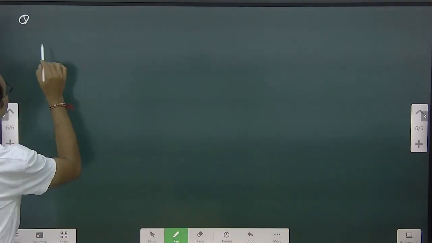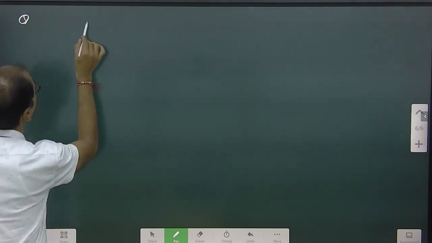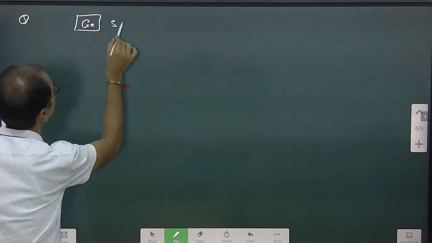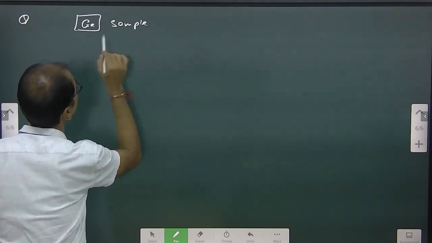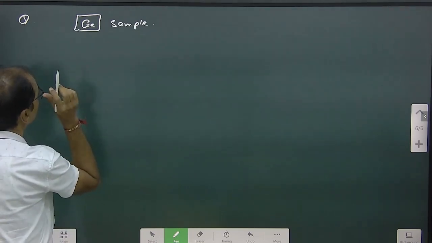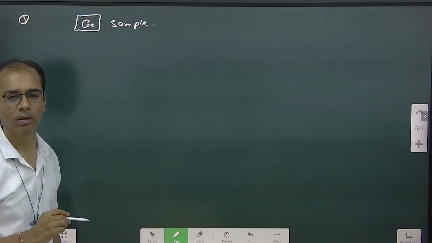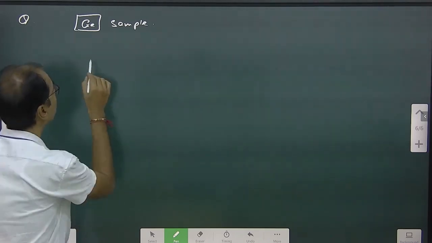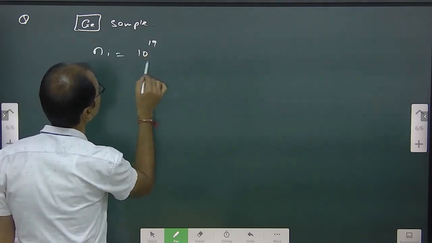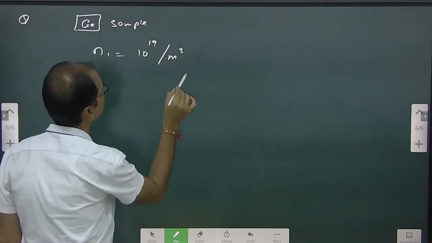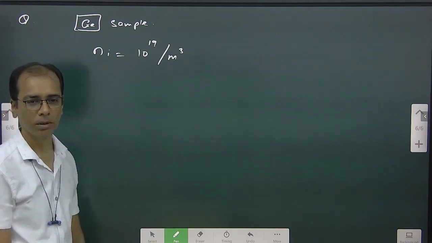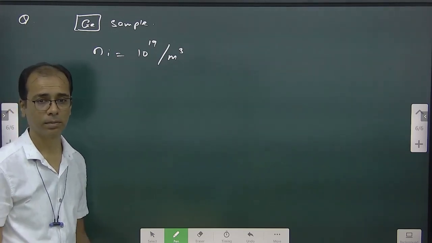Suppose we have a germanium sample, and the concentration Ni is 10 to the power 19 per cubic meter. Now in this one we are mixing aluminium, which is trivalent.